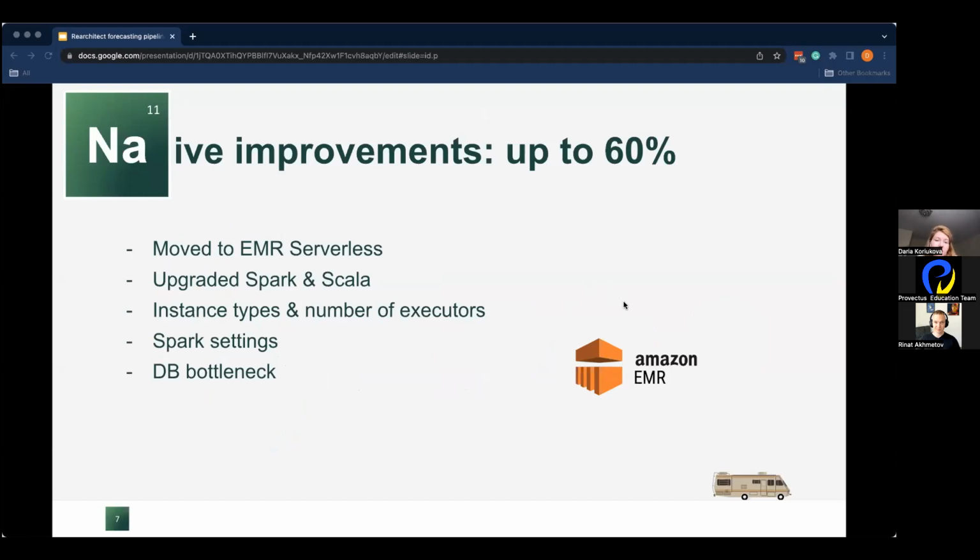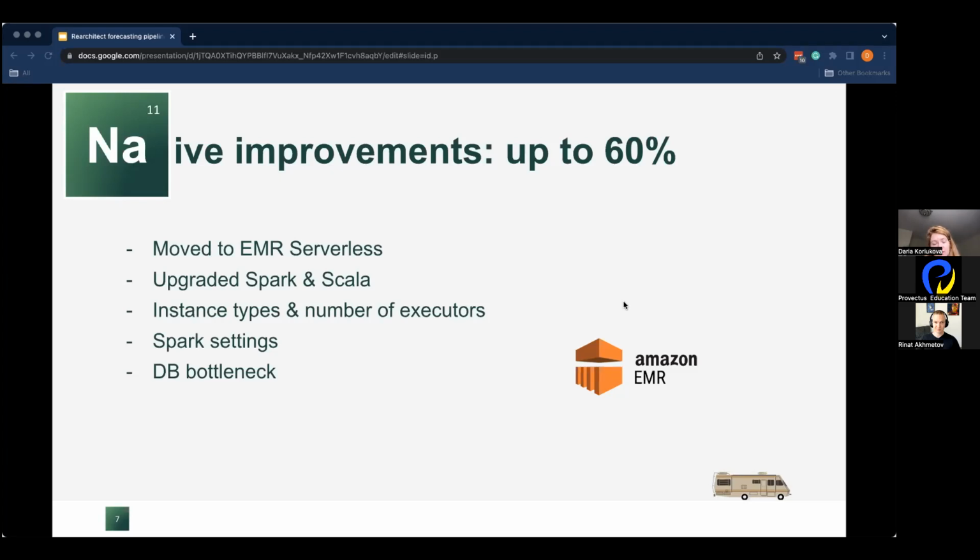The first thing that we did was we moved from regular EMR to EMR Serverless. And you need to understand that EMR Serverless was only published as general availability several months ago, and we started this project several months ago, so it was almost simultaneous.